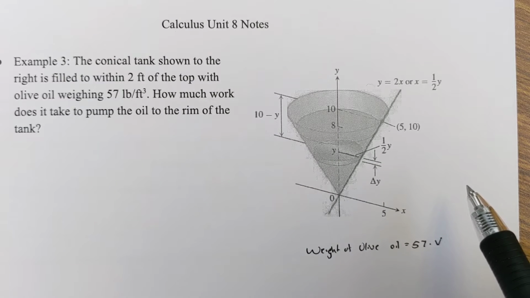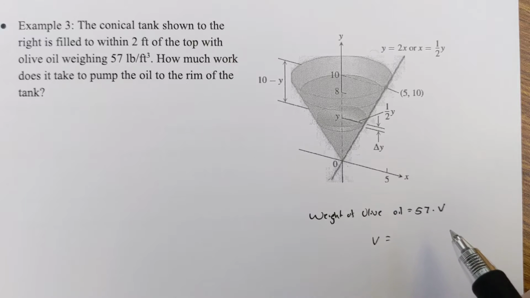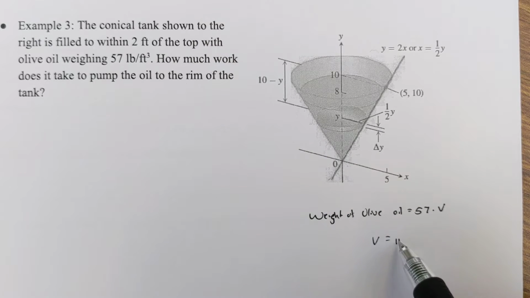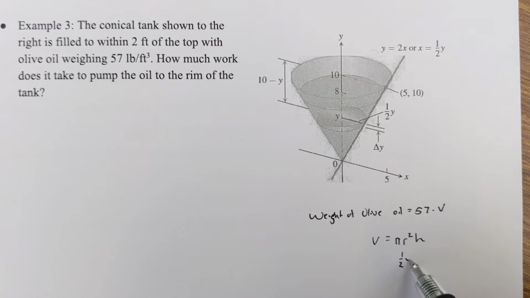So the volume is going to be, so we're going to assume that there's discs, cylinders, so pi r squared h. So that's the same thing. If you look at your picture, r is half y.